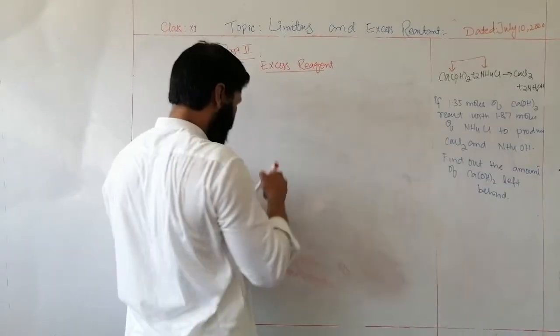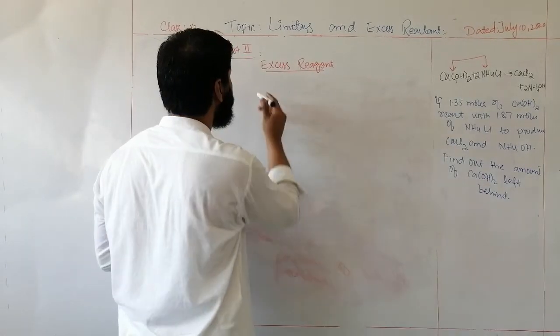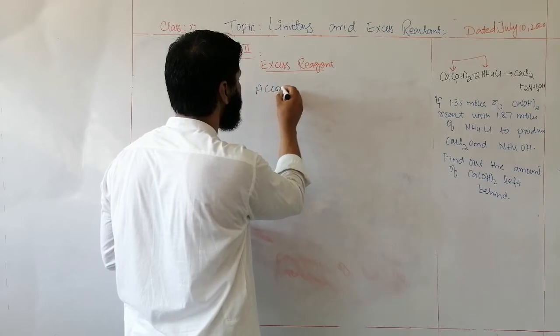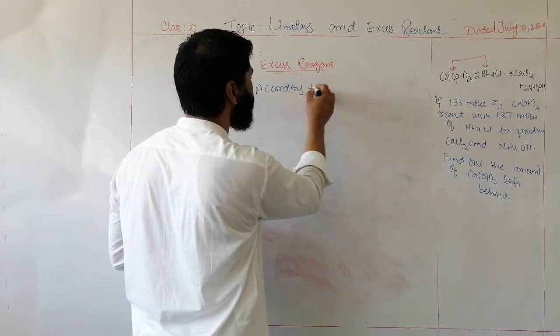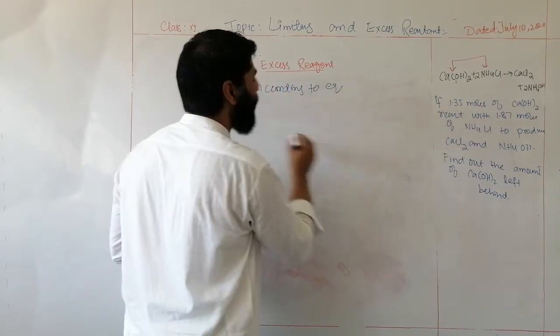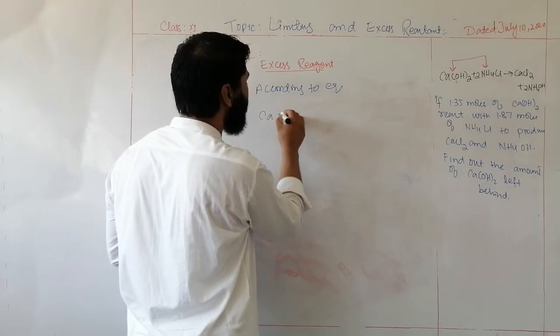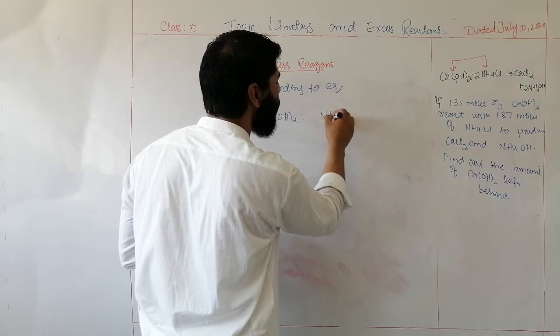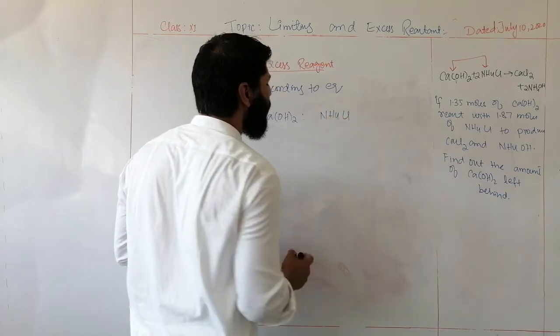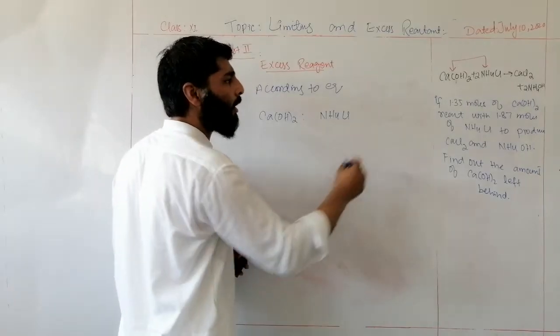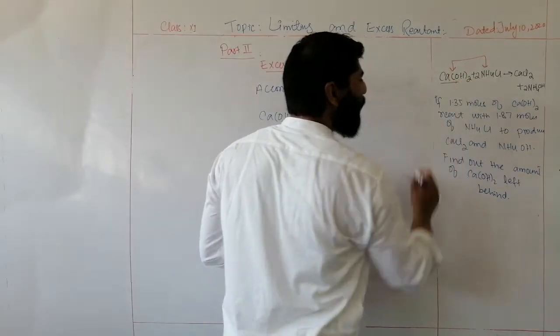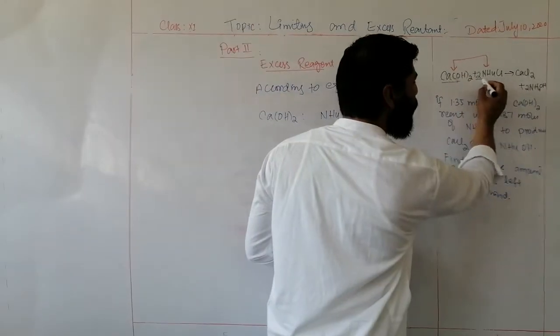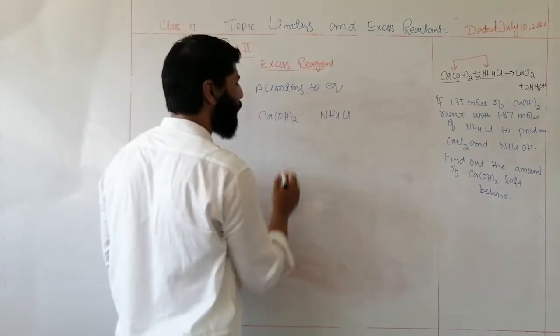Students, according to the equation, compare the number of moles of calcium hydroxide with the number of moles of ammonium chloride. According to the balanced chemical reaction, 1 mole of calcium hydroxide reacts with 2 moles of ammonium chloride.